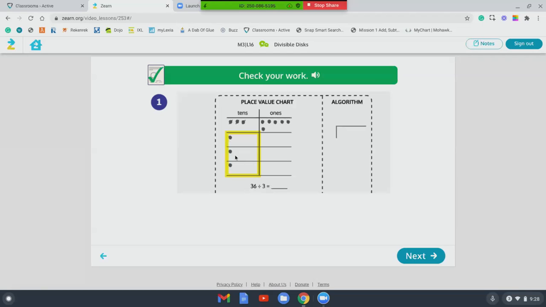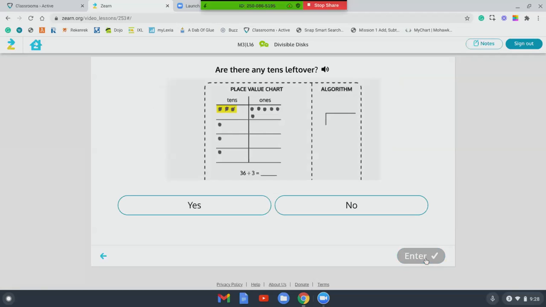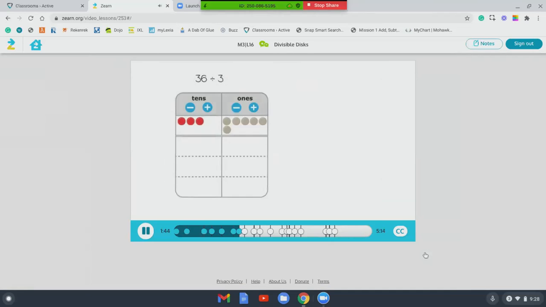So 1, 2, 3 in each of the tens place. Okay, there are no tens left over. The 3 tens divided by 3 is 1 ten. There are no tens left over, so then I divided the ones.